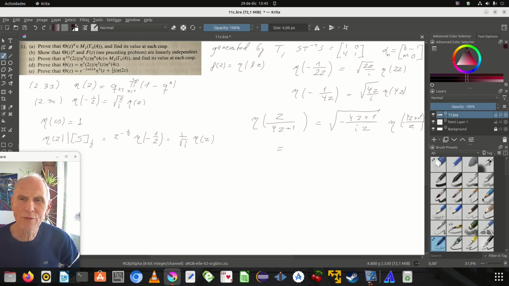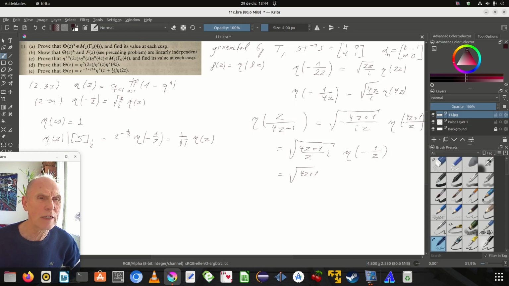So we just add 4 here. So it's square root of 4z plus 1 divided by z times I, the imaginary unit. And this was z divided by I, that cancels, times eta of z.